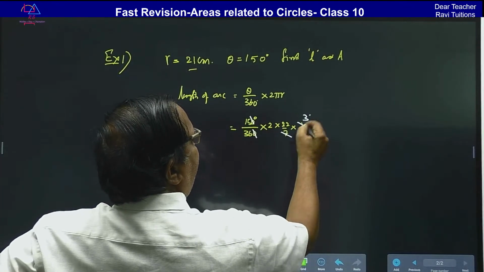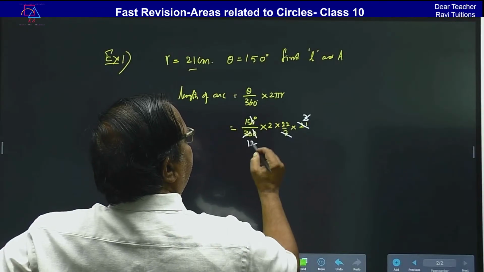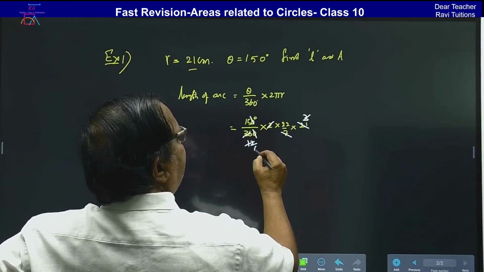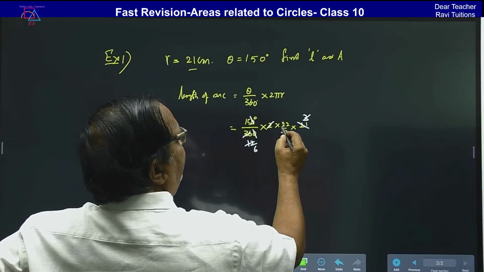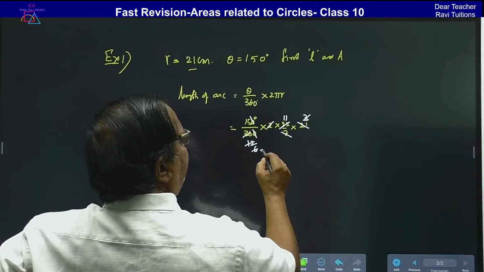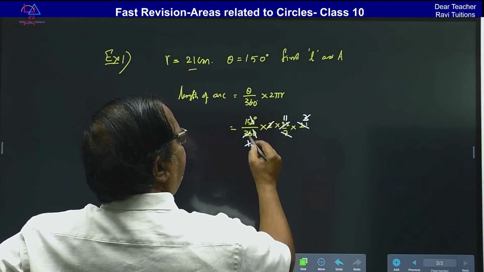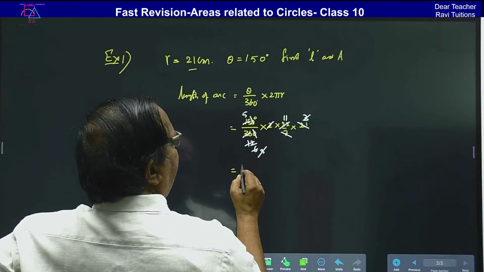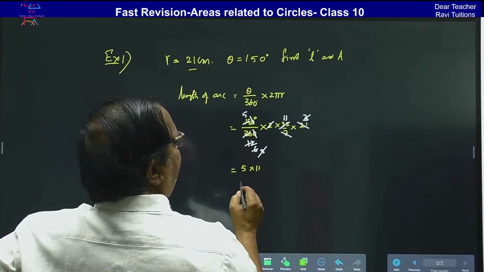This 3 in 36, 12 times. This 2 in 12, 6 times. Again this 22, 2 elevens are 22. This 3 in 15, 5 times. All denominators got cancelled, 5 into 11, so 55.